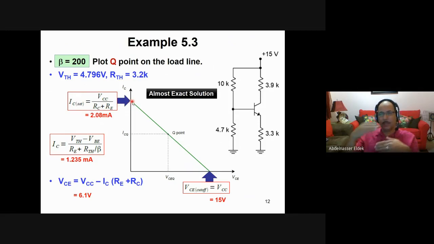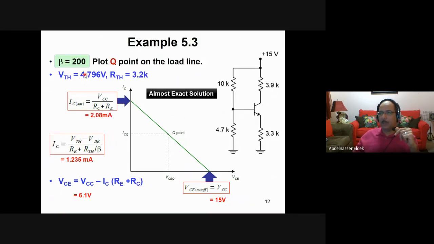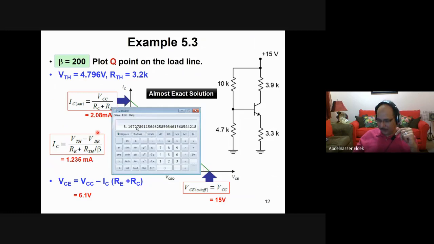Now, next step is to calculate the actual current here, IC. How do you get the actual current? You have to return back to this equation. It's the same equation here. Okay. So V7 equals 4.796. Let's calculate the current. IC equals V7, which is 4.796, minus VBE, 0.7 volt.